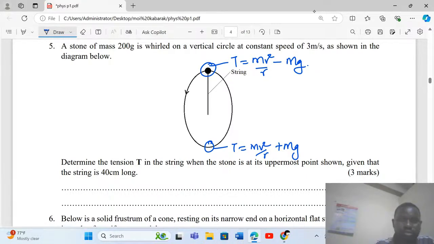Therefore, T is given by mv squared over r minus mg.